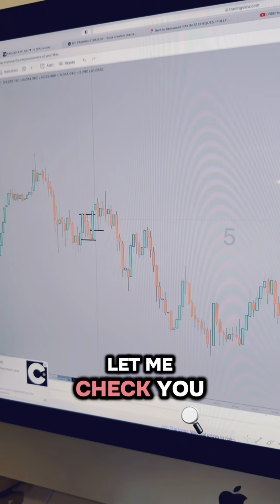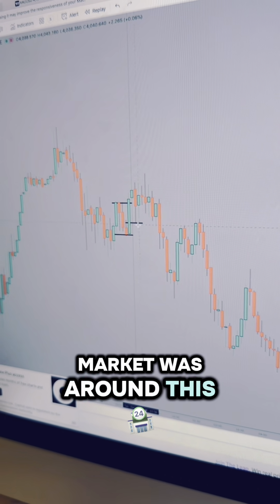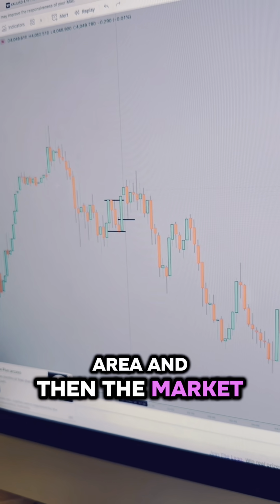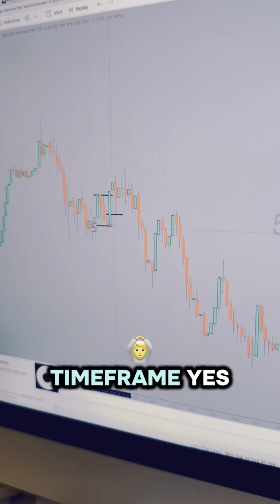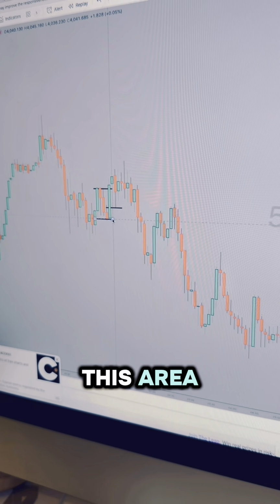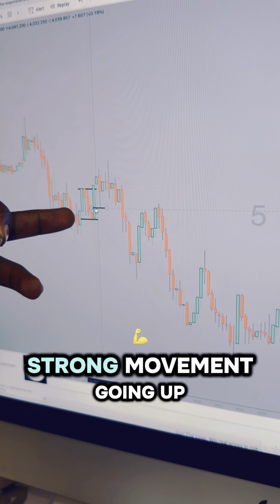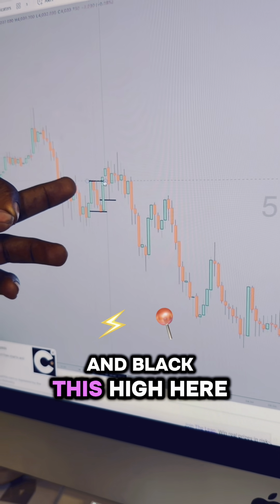Let me check. You see here, what happened is the market was around this area, and then the market was around this area. It is in a bearish time frame, yes, and it is in a bearish trend. But then what the market did, the market was around this area. It did a very strong movement going up and broke this high here.